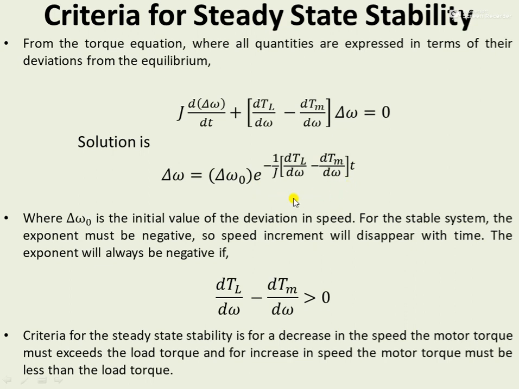Hopefully the mathematical solution which I explained here is clear for you. This is from the solution of a differential equation which you have studied in your mathematics classes. That is, whenever the differential equation is of the form dy by dx is equal to ky, then its solution will be y is equal to c e raised to kx.